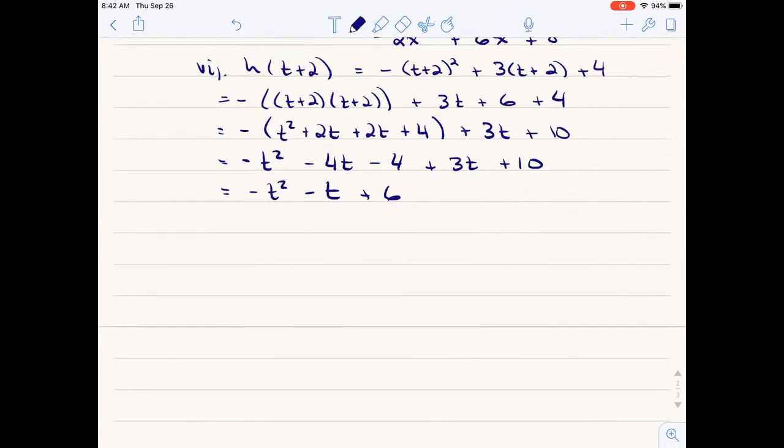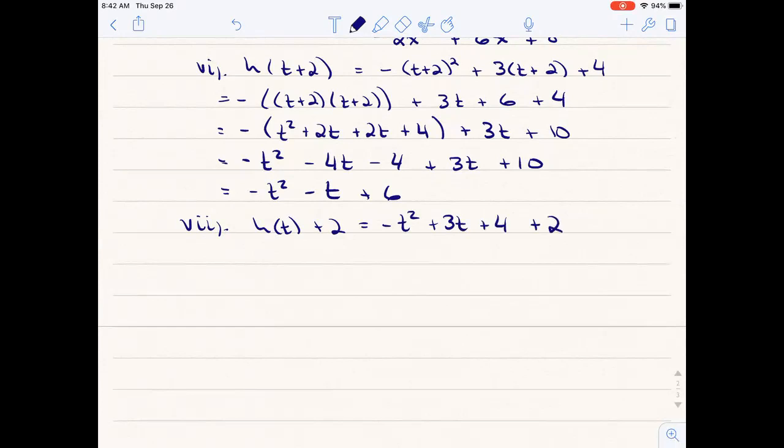What if we have h of t plus 2? Sounds the same. H of t plus 2 or h of t plus 2. They're different. Right? And so we've got h of t, well, that's just negative t squared plus 3t plus 4, and then plus 2.